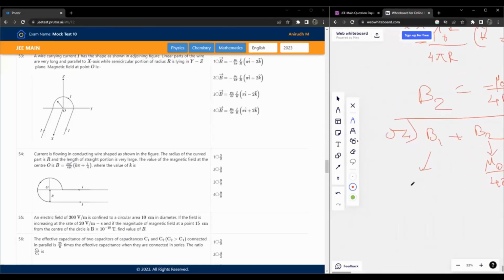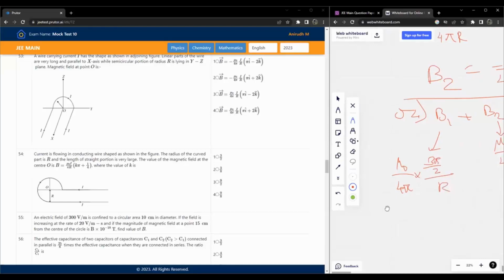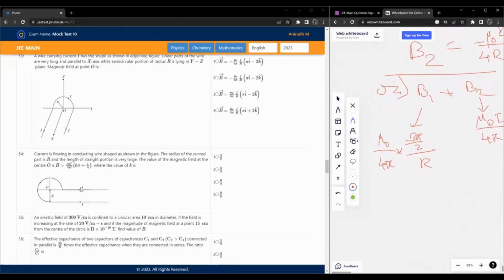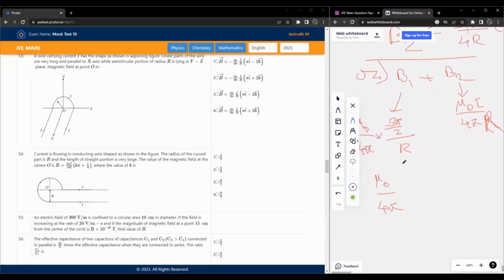And B1 is going to be mu naught by 4 pi into 3 pi by 2 by R, right? And so you get the answer to be mu naught by 4 pi R times 3 pi by 2 plus 1. Taking this inside is 3 pi by 8 plus 1 by 4. Value of K is 3 by 8.